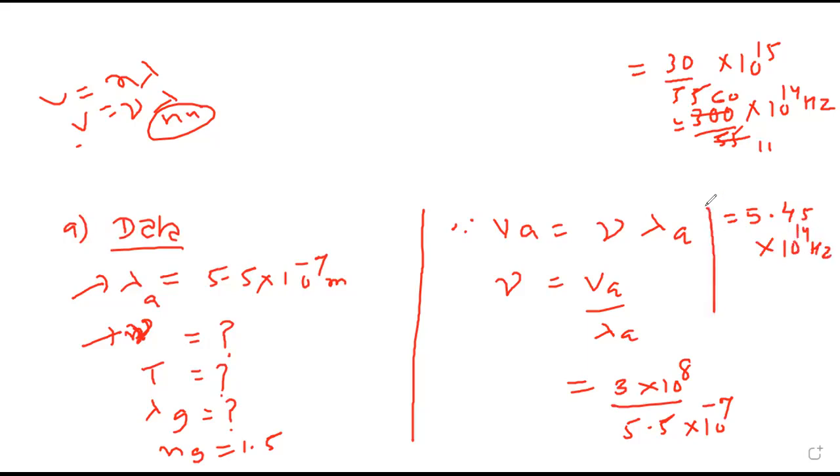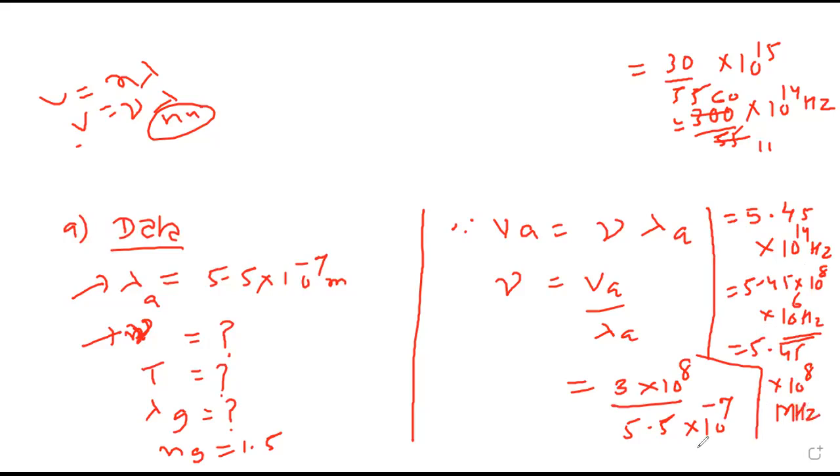We want in megahertz. So this is 10 raised to 8 into 10 raised to 6 hertz. 10 raised to 6 means 1 mega. So it is 5.45 into 10 raised to 8 megahertz. So we got frequency as 5.45 into 10 raised to 8 megahertz.